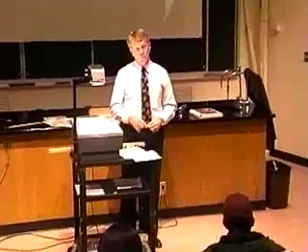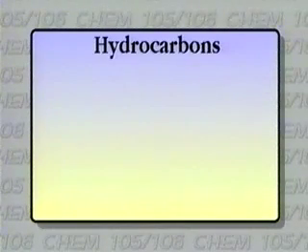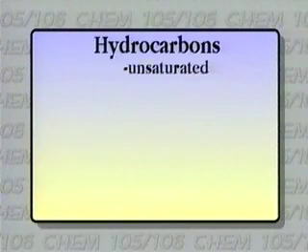Now there is a group of hydrocarbons. We've talked about hydrocarbons before. Hydrocarbons are those organic compounds containing only carbon and hydrogen. The first ones we talked about we called saturated hydrocarbons. Now we're going to look at the group that we call unsaturated.